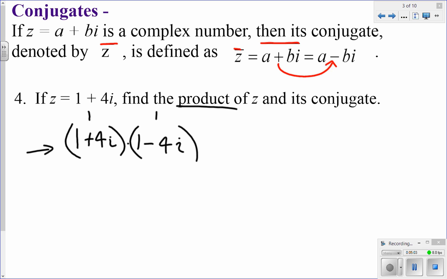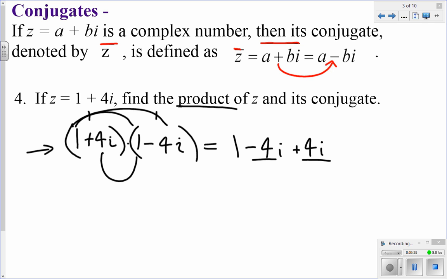So again, when we're doing products, we have to double distribute. So 1 times 1 is 1, minus 4i, plus 4i. So just like with our difference of squares, our middle terms are going to cancel out. I got a minus 4i plus 4i. Then my last one, I get a minus 16i squared.